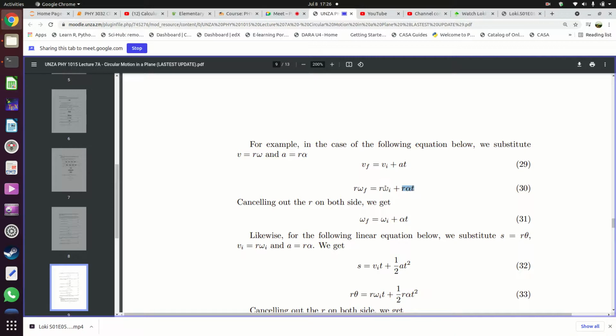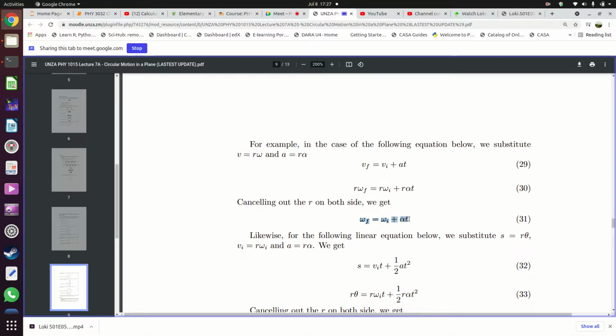There's an r on this side and an r there, so you can factor out the r and cancel them. When you do that, you end up with omega f is equal to omega i plus alpha t. Your final angular velocity is equal to the initial angular velocity plus the angular acceleration multiplied by t.